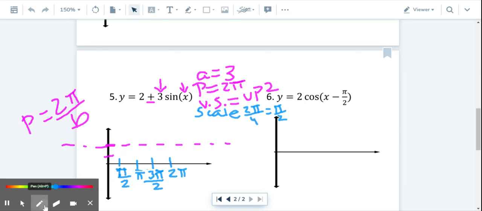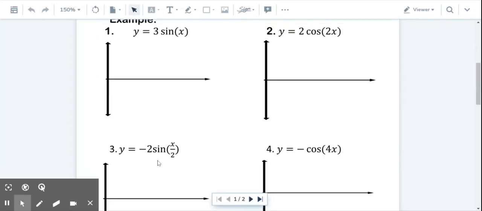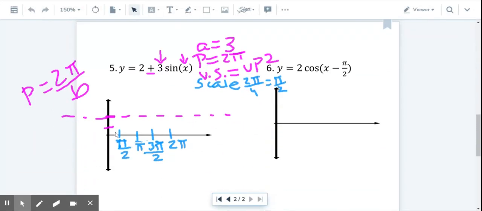So now we're going to go through and actually graph the function. I'm going to graph it in a dark blue. Oh, actually, wait, we are missing one last step. Use amplitude to label the y-axis. So this is where the asterisk is going to come in handy, because since we are shifting up, our amplitude is 3. So if I went up 1, 2, 3, we are shifting up an additional 2. So really, I want to count 3 up from my dotted line.